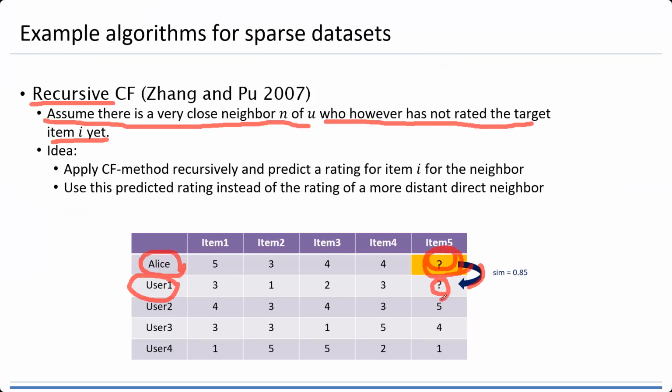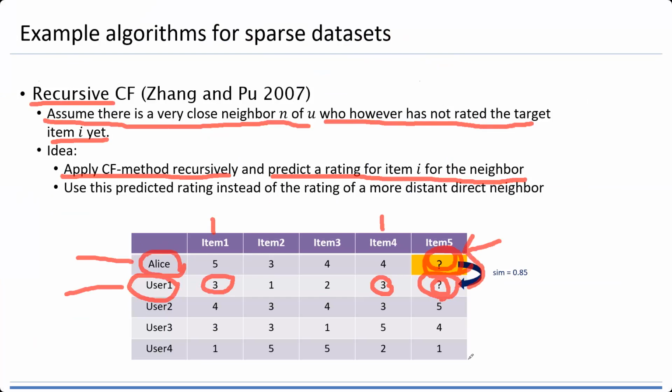So I can do it recursively. It means applying the collaborative filtering method recursively and predicting a rating for item i for the neighbor. After I predict item 5 from item 1 and item 4 of Alice, I can do the prediction on item 5 of user 1 from item 4 and item 1 of user 1.